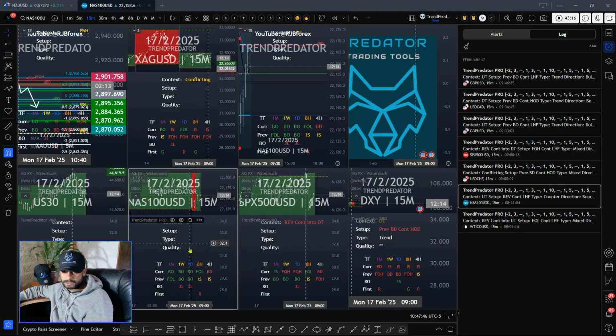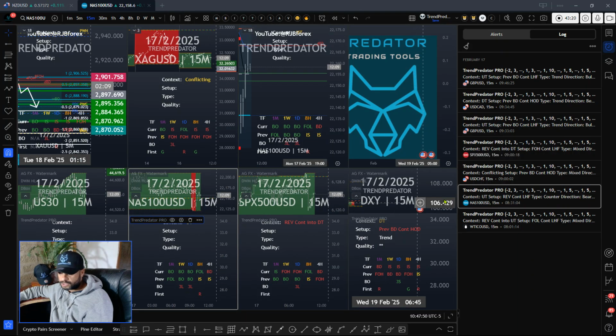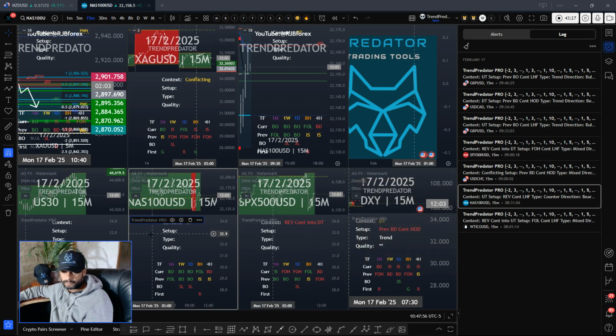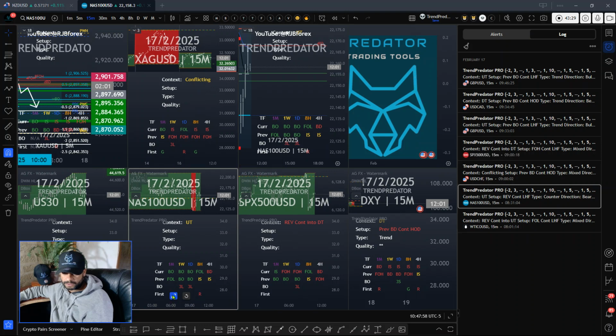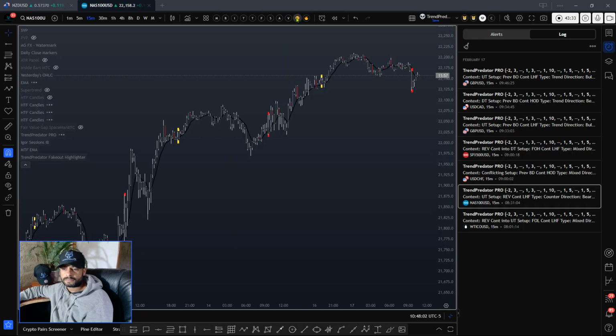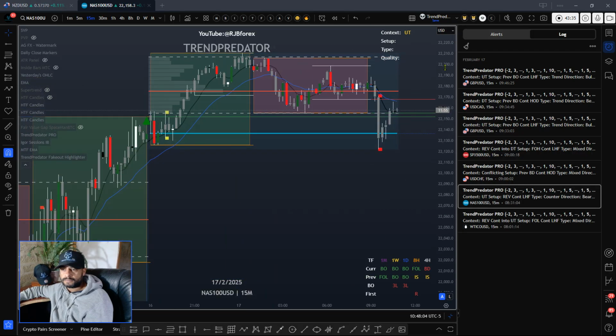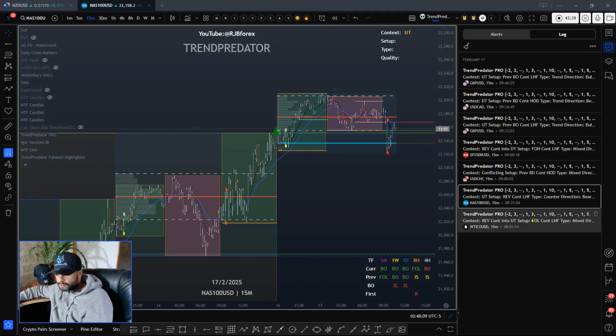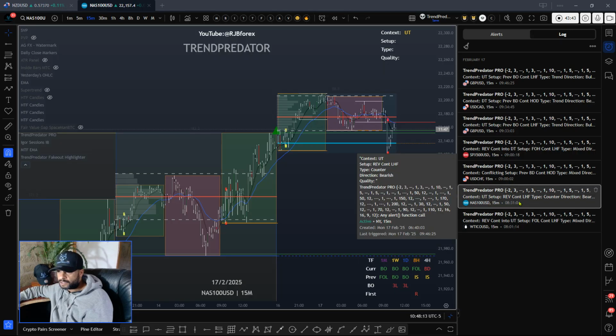So NAS is not showing anything anymore. So it was showing what? An uptrend setup. Reversal continuation low hanging fruit. So it's probably something that's already gone. So what we're saying, it was an uptrend setup. Reversal continuation low hanging fruit.